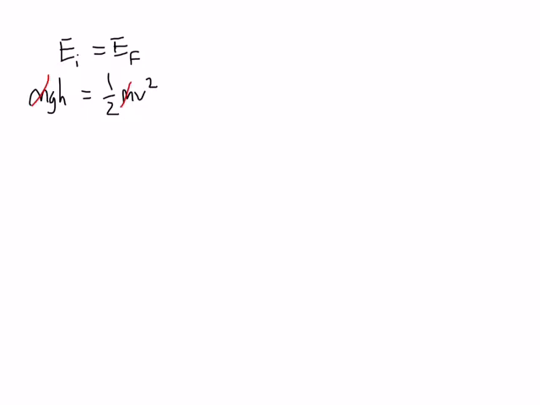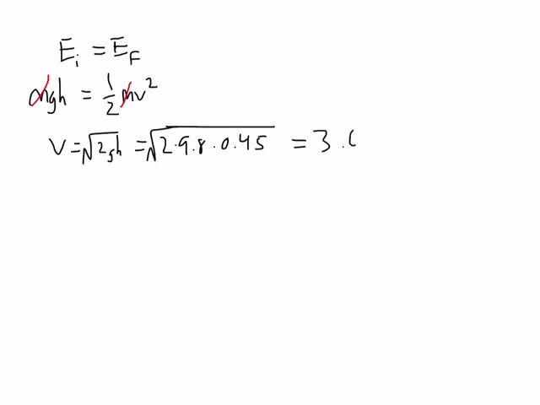So we can multiply by 2 and take the square root, and we get that v is the square root of 2gh, or the square root of 2 times 9.8 times 0.45. And you plug all those numbers in, and you will get that the block is traveling at 3.0 meters per second when it hits the spring.